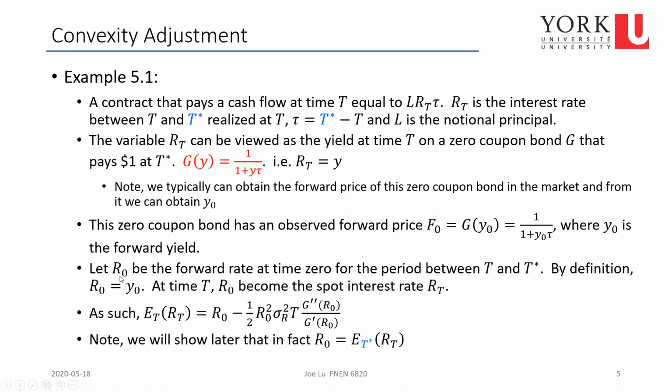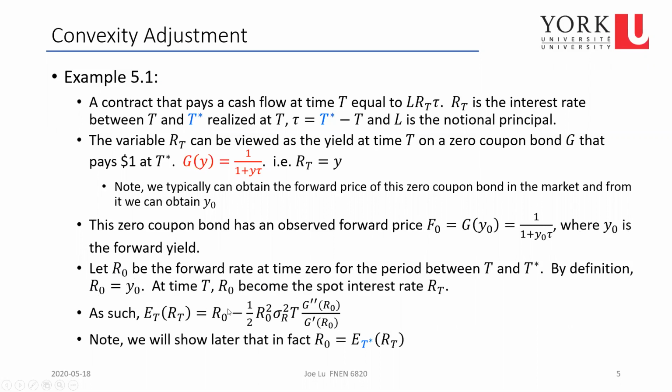Now if R naught, the forward rate at time 0 for the period here, by definition, because we call this the forward yield, if R naught is the forward rate, then they're the same, right? By definition.